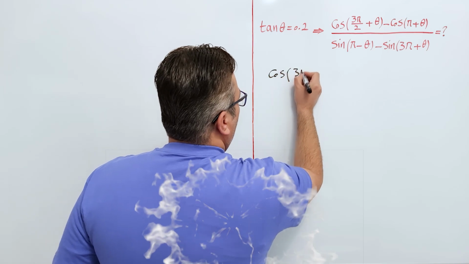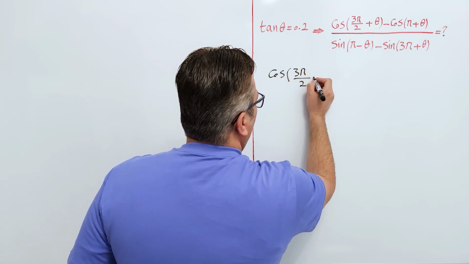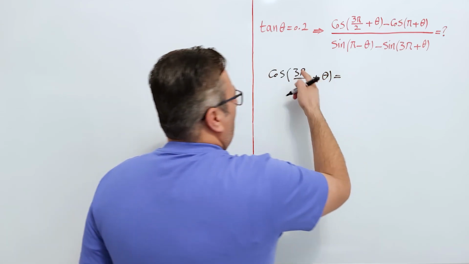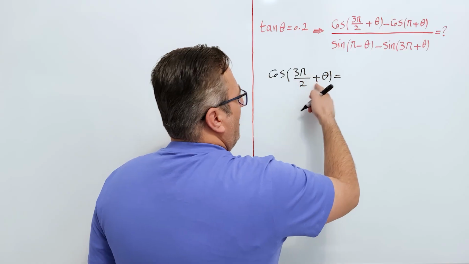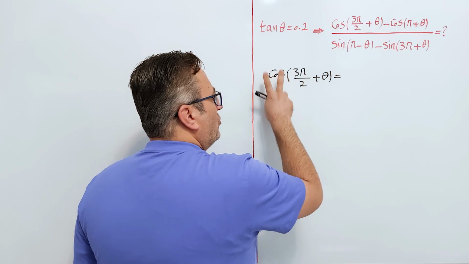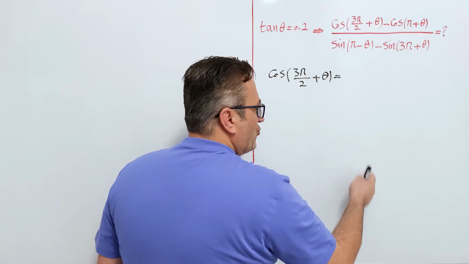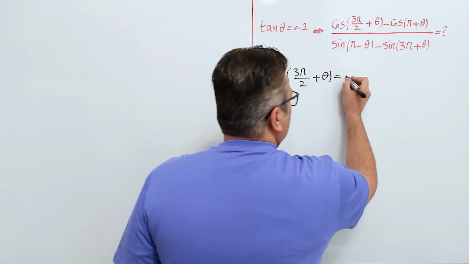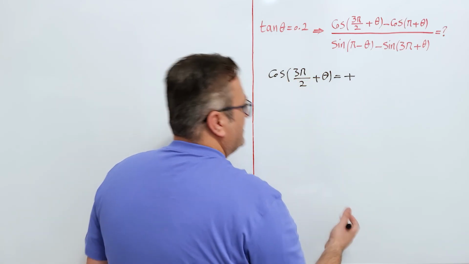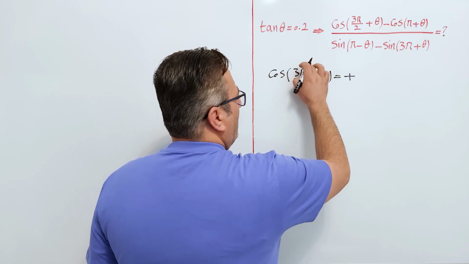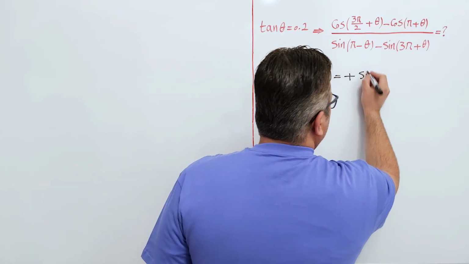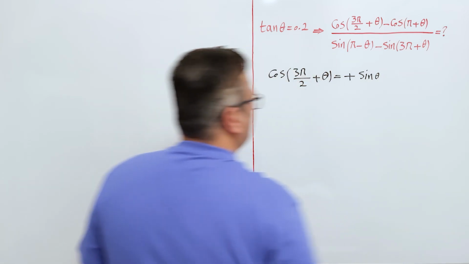cosine of 3 pi over 2 plus theta: 3 pi over 2 plus theta is in the fourth quadrant, and we know that the sign of cosine in the fourth quadrant is positive, and 3 pi over 2 acts like a co-function, so cosine of 3 pi over 2 plus theta is equal to positive sine of theta.